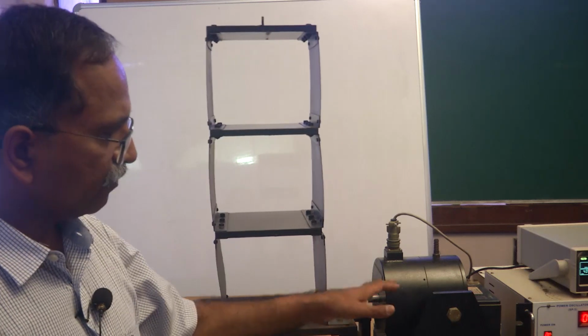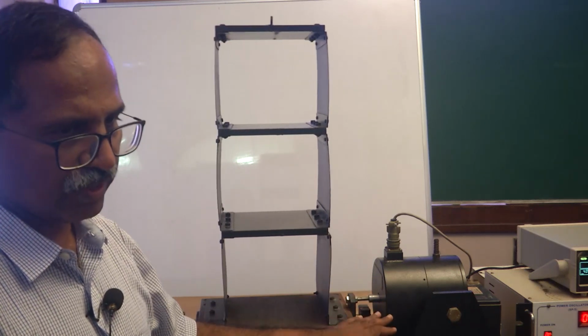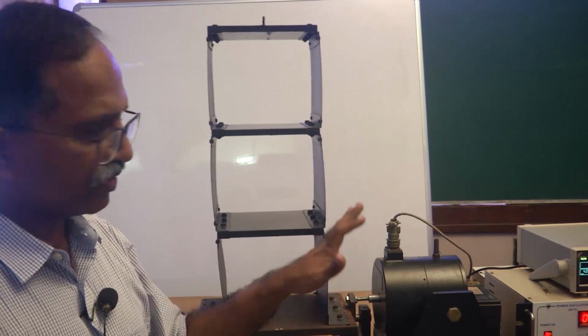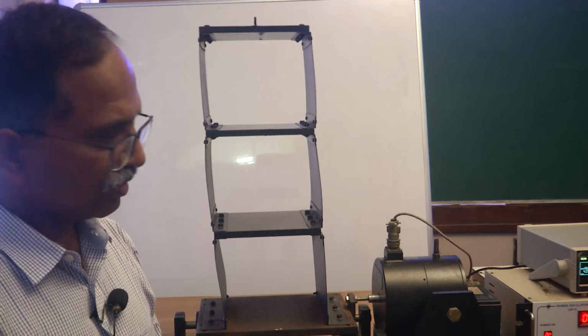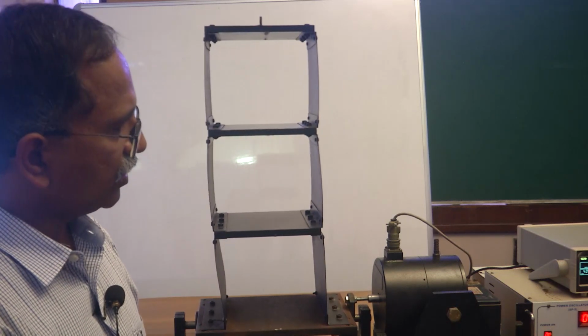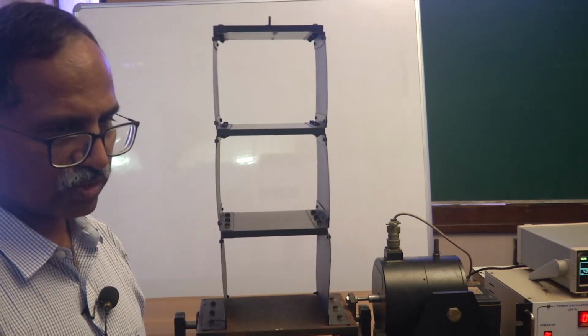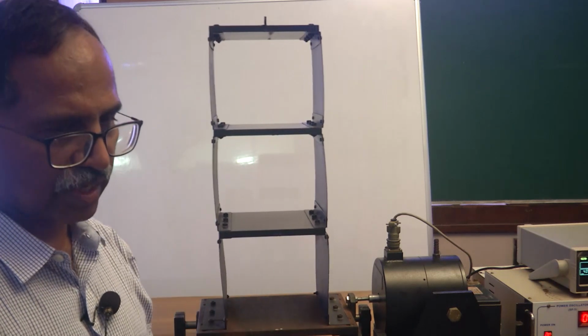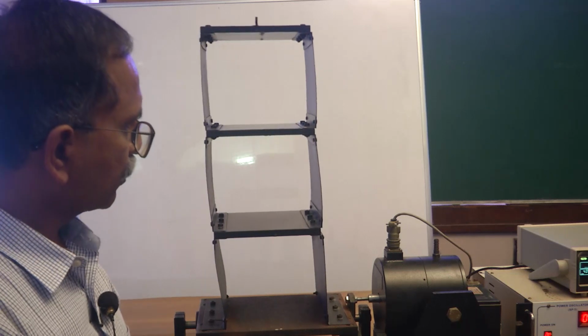For that we excited the base of this building with a frequency that matches either the first, second or third natural frequency, and when it is excited into resonance, we observe the displacement pattern, which is actually the mode shape.